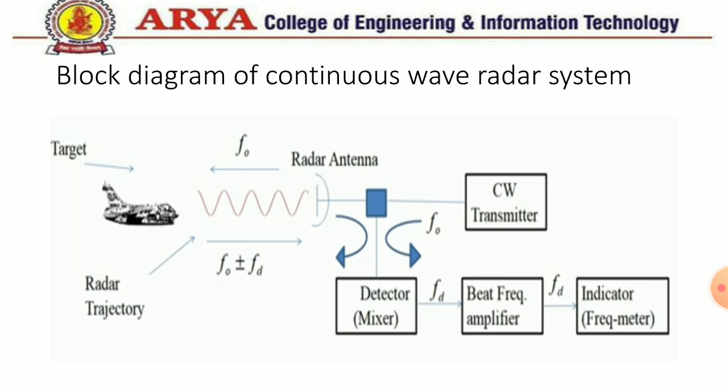In the transmitter section it will forward a continuous wave signal, and that signal will be forwarded by a duplexer to the target. So this is the high power continuous wave transmitter sending a signal towards the target, and we receive a low power echo signal, and that is forwarded to the receiver section.